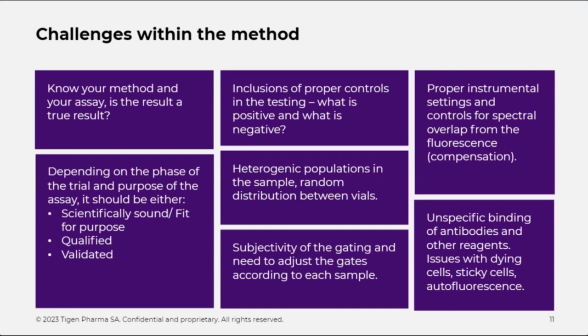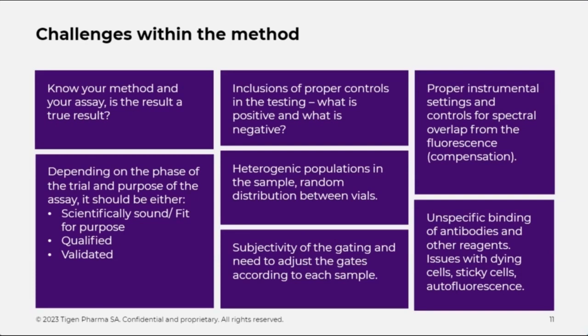You need to include the proper controls in your testing. You need to know what is positive and what is negative for a marker or a protein that you have. This poses a challenge, which I will also get into later on. Your T-cell therapy product is not only one type of cell, it's very heterogenic.